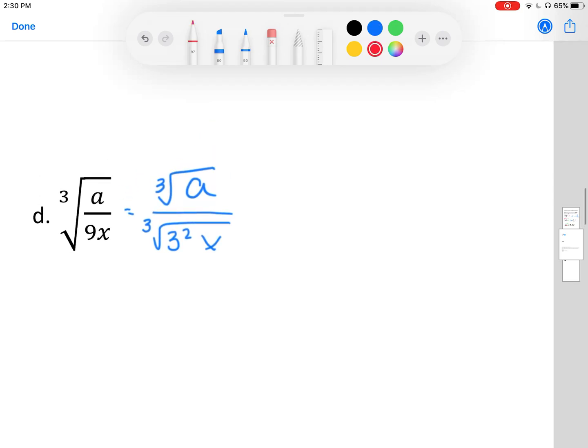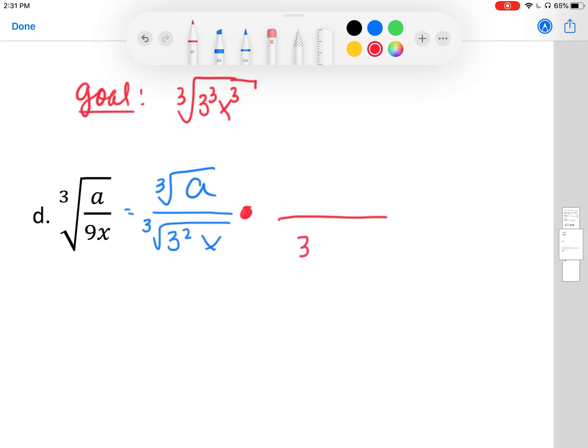And remember, your goal in this case is to have the cube root of 3 cubed x cubed. That's your goal. So what special one should I multiply by? If I want 3 threes, I just need one more. I have 1 x, I need 2 more x's. So I have the cube root of 3x squared.